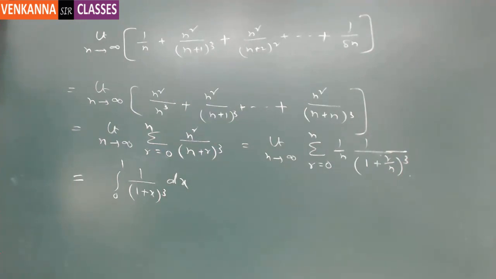Yes or no? So if you take the limits, r takes the 0 value there, then what will be x we are going to take, right? Does it make a difference there if you write like that? I think it won't.